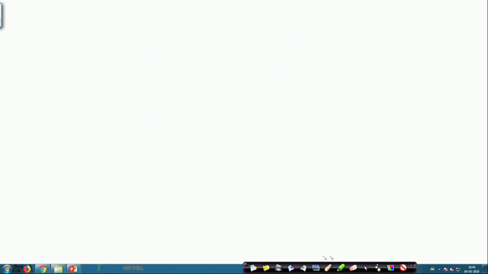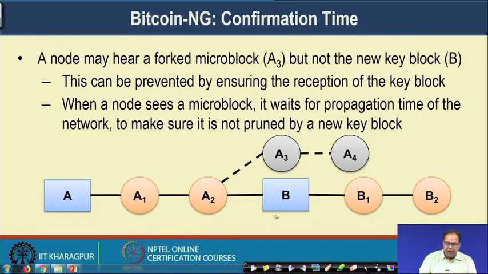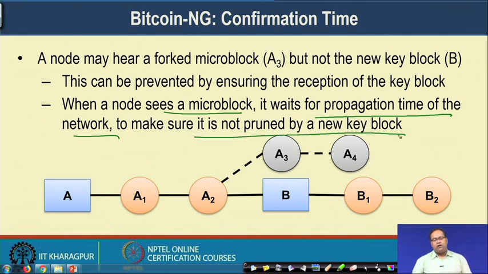Now, to avoid this kind of inconsistency, the idea is something like this: when a node sees a microblock, it waits for the propagation time of the network to make sure that it is not pruned by the new key block. That means, whenever you hear a new microblock, you wait for the maximum propagation time in the network. If you wait for that time and you do not hear any key block, that means no key block has been generated.